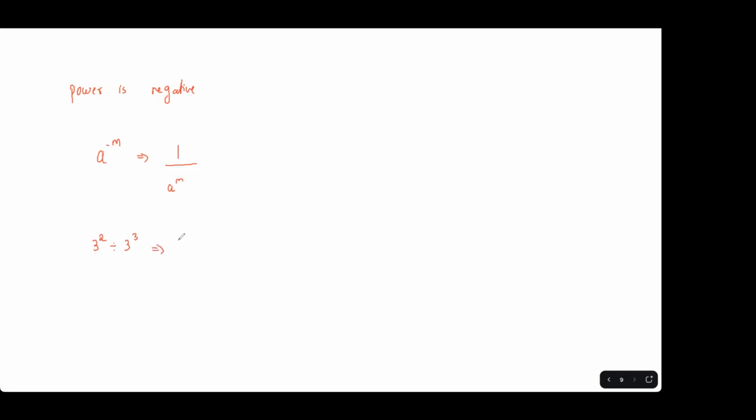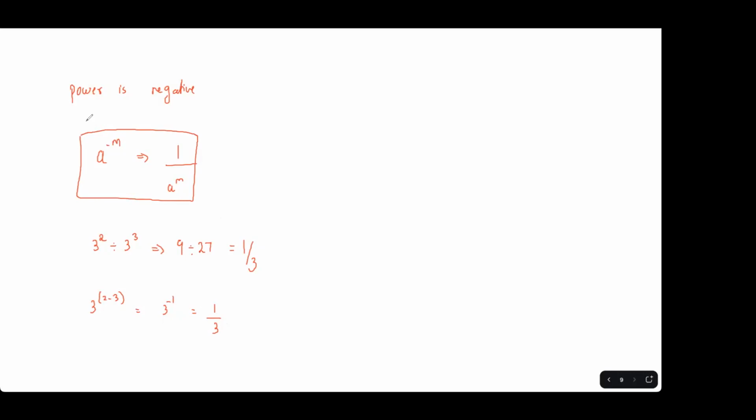What is the answer? 9 divided by 27, which is 1 by 3. Now according to exponents, 3 raised to 2 minus 3, which is 3 raised to minus 1, which is equal to 1 by 3. Correct? So we converted it and wrote it here. So this is your negative power rule. Power is negative, so that time you will use this.